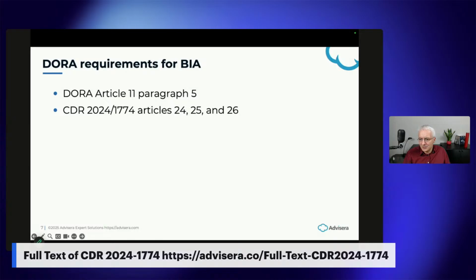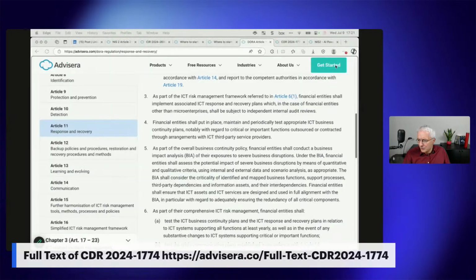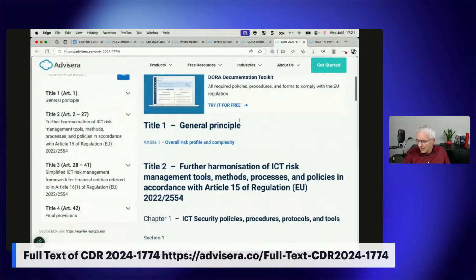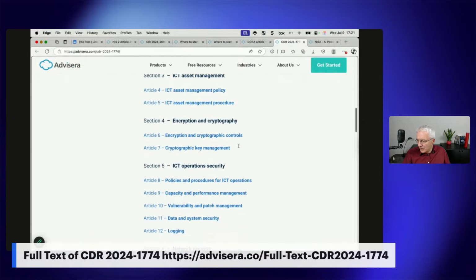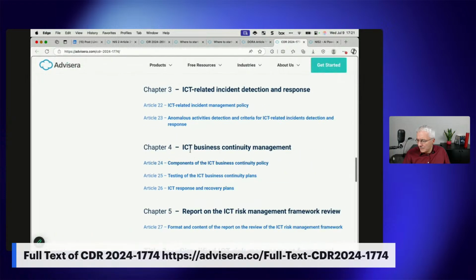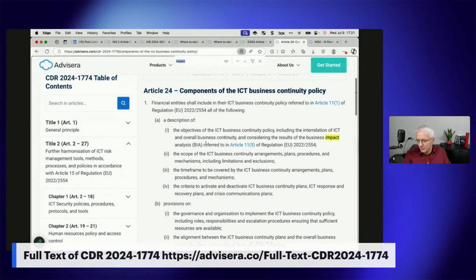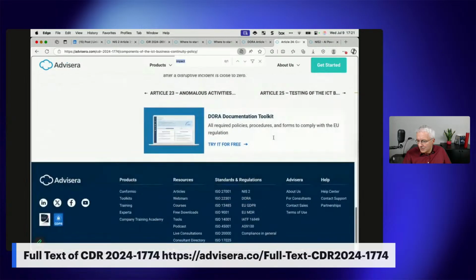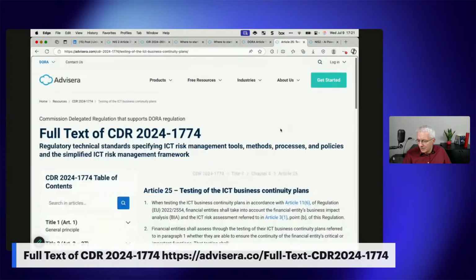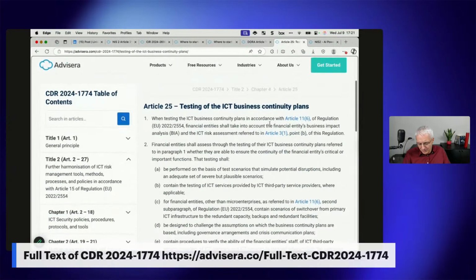But let's move forward through this CDR. So Article 24. Let me search for the keyword impact. It mentions here, considering the results of the business impact analysis. So not really useful, it's only an input that is needed.